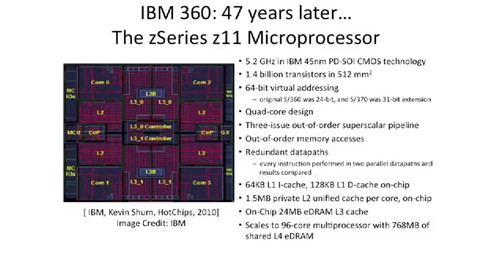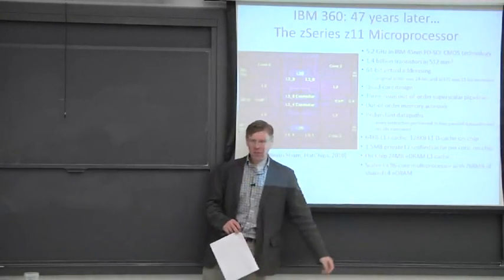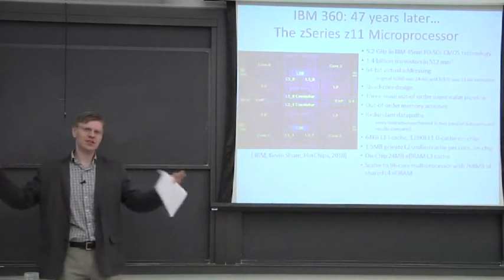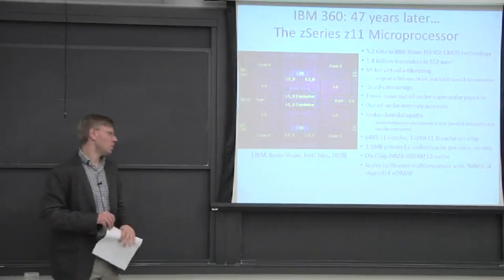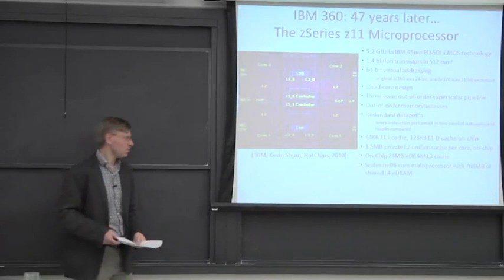It has 4 cores, out-of-order issue, an out-of-order memory system, big caches, 24 megabytes of on-chip L3 cache, and you can even put multiple of these together to build a multiprocessor system out of lots and lots of multi-cores.